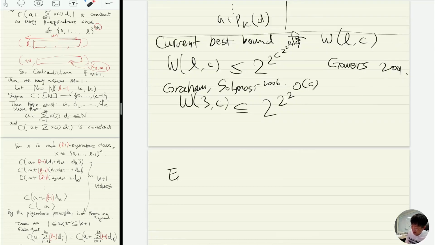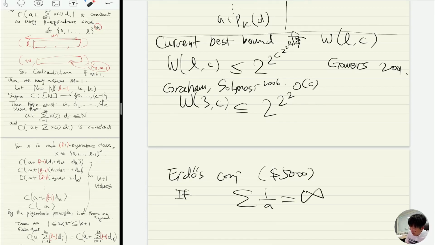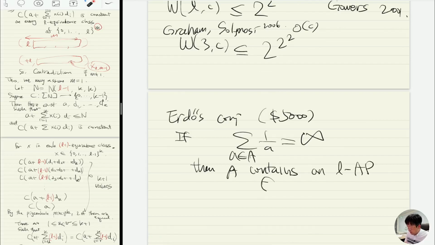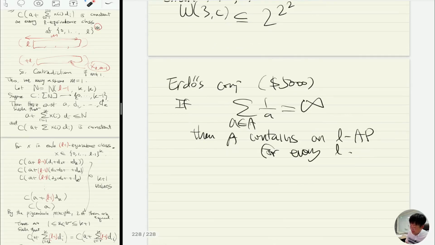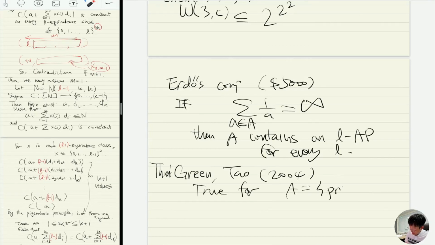So here's another conjecture, Erdős conjectured, with a $5,000 prize, that instead of saying positive upper density, if you take the sum of 1 over a for all elements a in set A, and it diverges, then A contains an L-term arithmetic progression for every L. And this is still open, but Ben Green and Terence Tao in 2004 proved that it's true for the case when A is the set of primes.